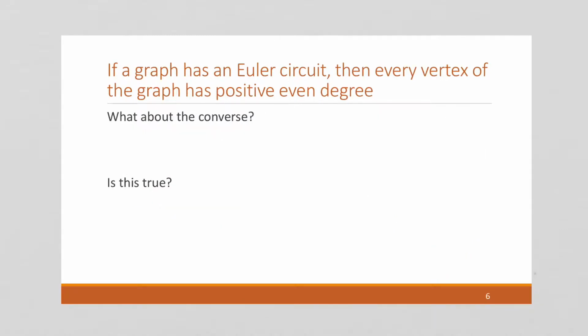So that was the contrapositive. What about the converse? Now you should be able to do this. You should be able to pause the video and write down what the converse of this statement is. And that converse is if every vertex of the graph has a positive even degree, then the graph has an Euler circuit.